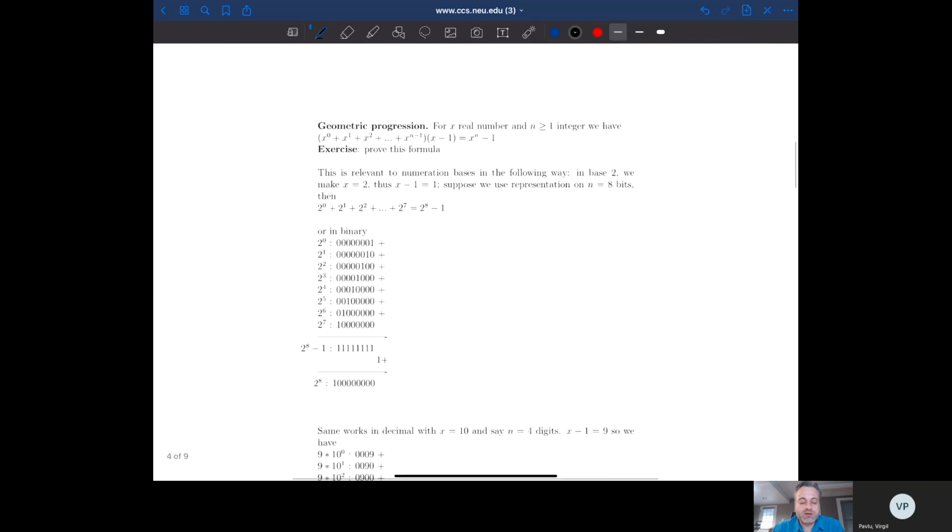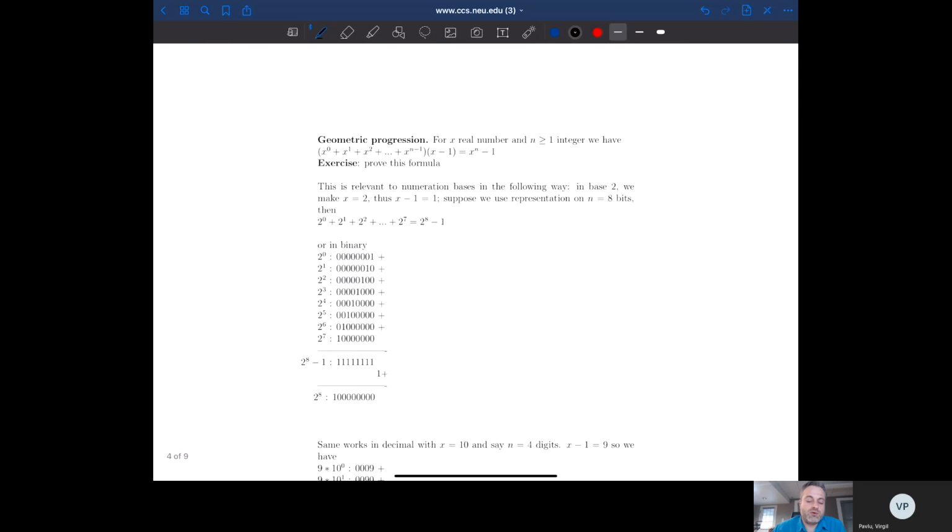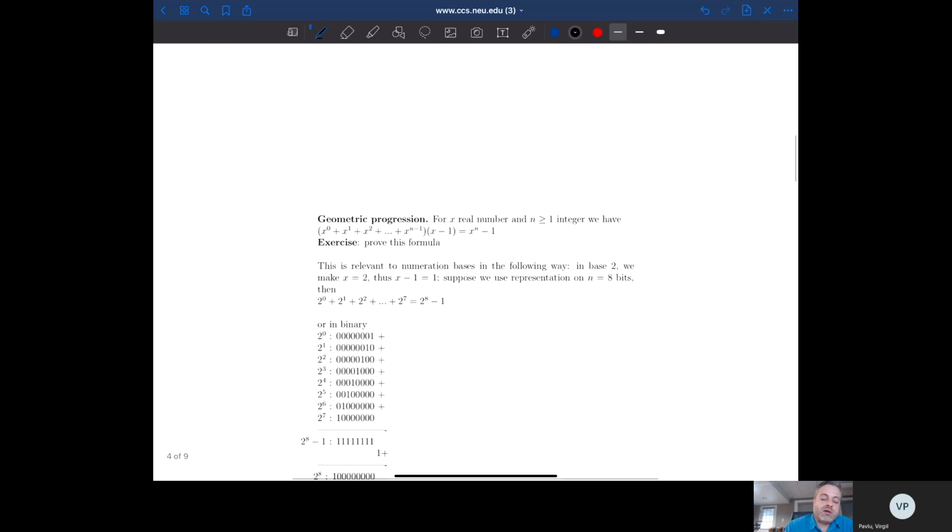The rest of the note here, which I'm going to go over very quickly, talks about the question: if I have, say, six digits in base 10, what is the maximum?